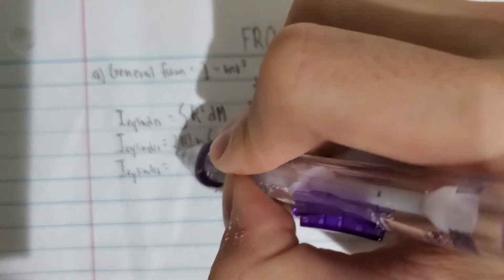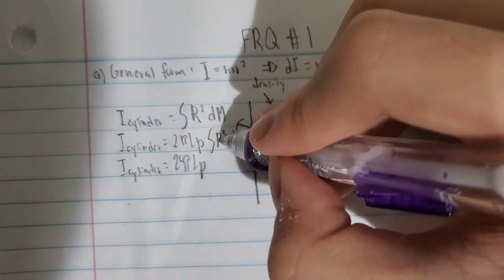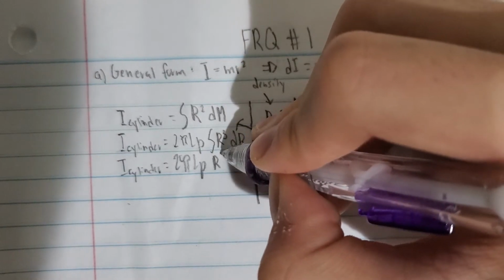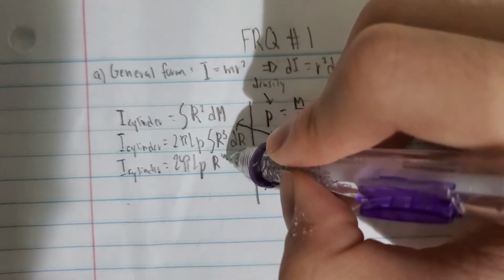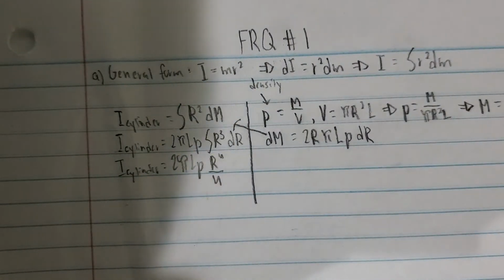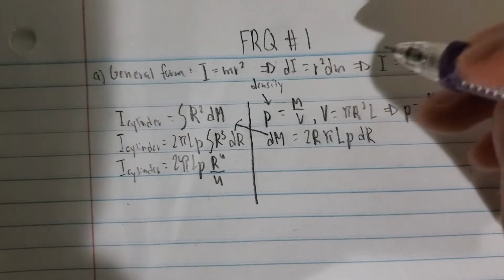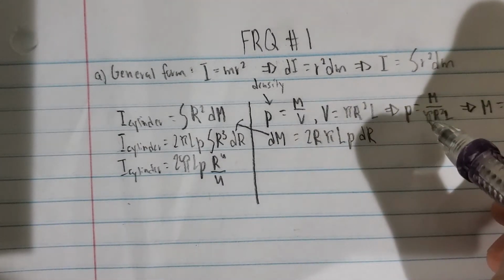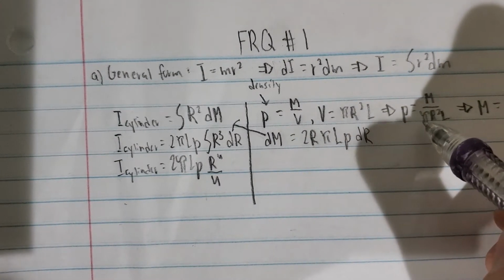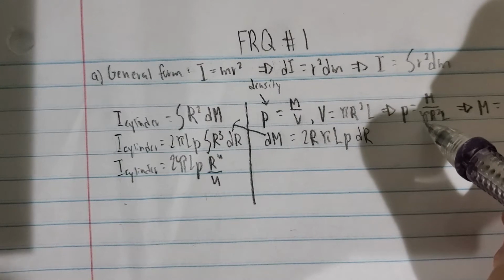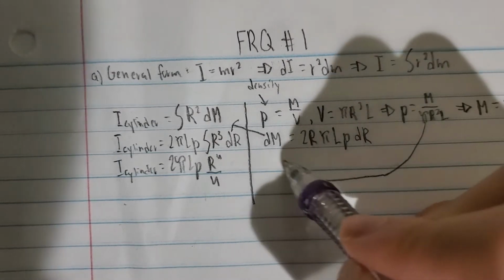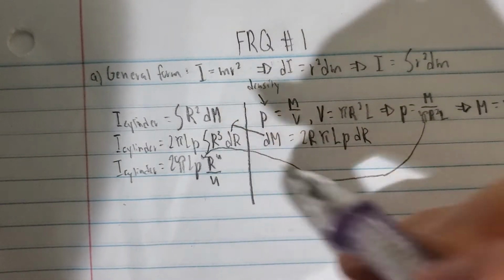Now, when I integrate, the constant basically just stays the same. Integrating r cubed, I'm going to add 1 to my exponent, so r to the 4, and then divide by the new exponent, so divide by 4. Now that I'm here, I'm going to substitute my equation for density that I wrote before into this equation.